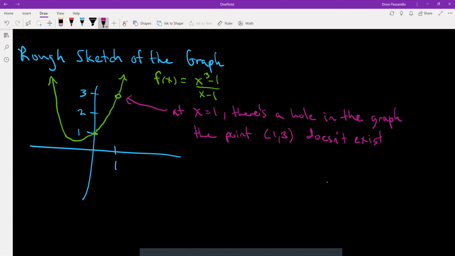And algebraically, if you plugged 1 into the function, so f of 1 equals 1 cubed minus 1 over 1 minus 1, you get something of the form 0 divided by 0.